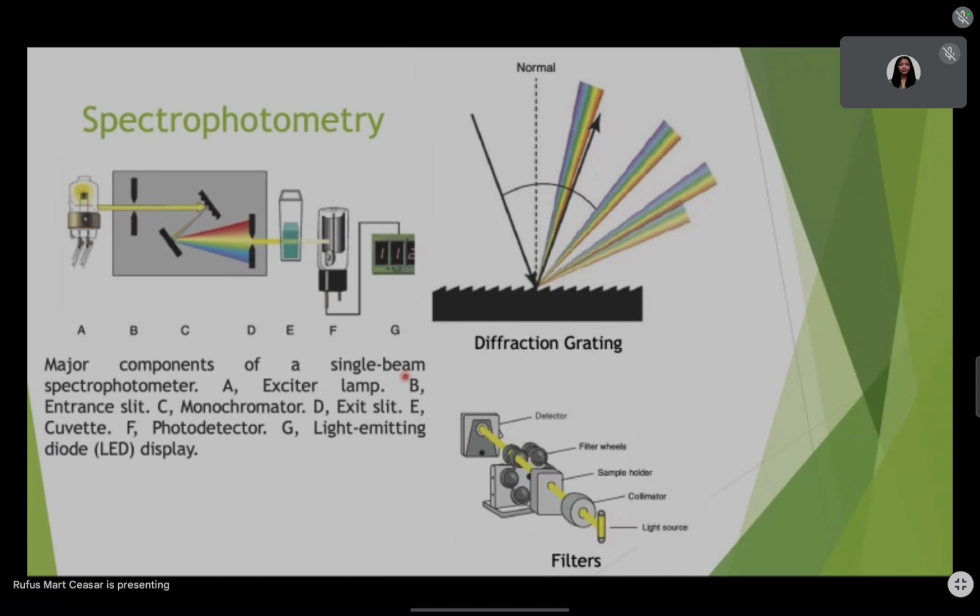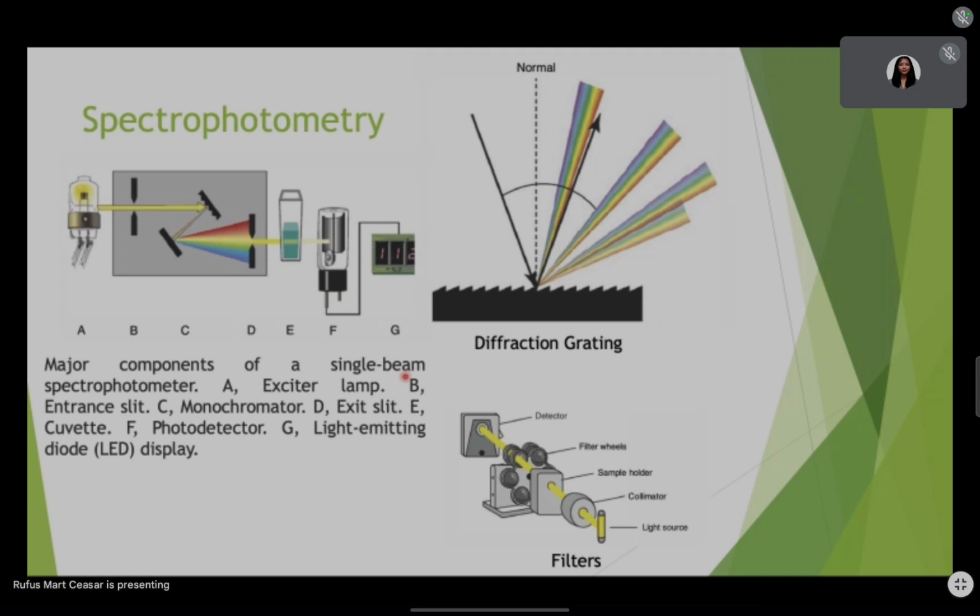So light sources include incandescent lamps, hydrogen or deuterium lamps, and lasers. Incandescent lamps use a tungsten filament. Housed siya sa isang silica envelope na merong mababang pressure vapor lamp, or yung tinatawag natin na low iodine. Yun yung pagkakaalala ko, low pressure iodine or bromine vapor andun sa lamp. Bakit may ganon?